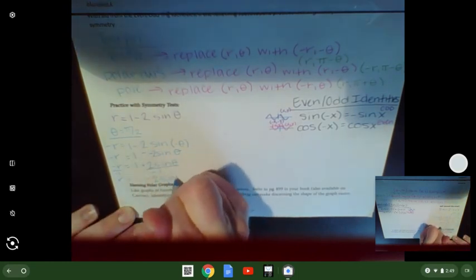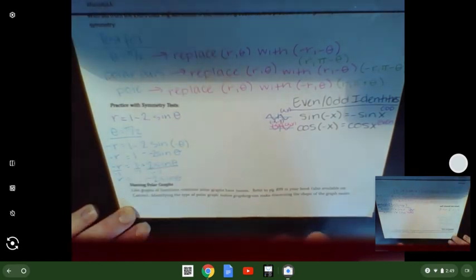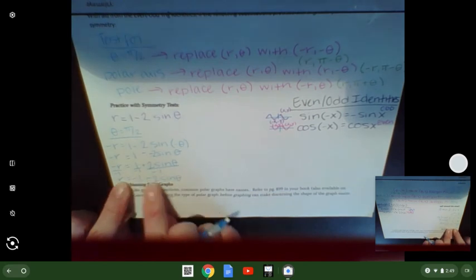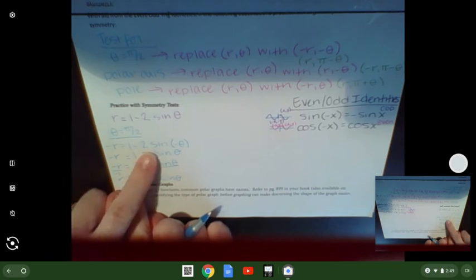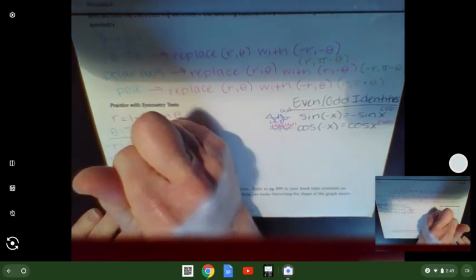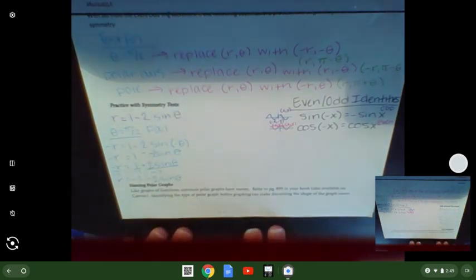But keep in mind, I have 2 different terms over here. So I would also have to divide the 1 by -1, which would turn this to a -1. So what this is telling me is I can't manipulate this equation after the substitution to get back to match the original. So I cannot guarantee that I will have symmetry with respect to the line theta equals pi over 2. Therefore, I fail that version of the symmetry test.